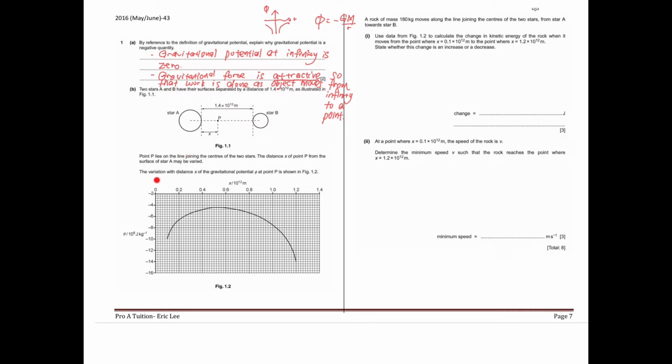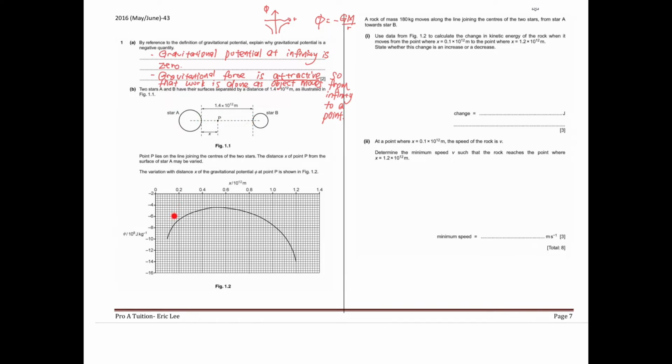Okay, so the variation with distance x of the gravitational potential phi at point P is shown in figure 1.2. So this is the variation of gravitational potential phi in between two stars.